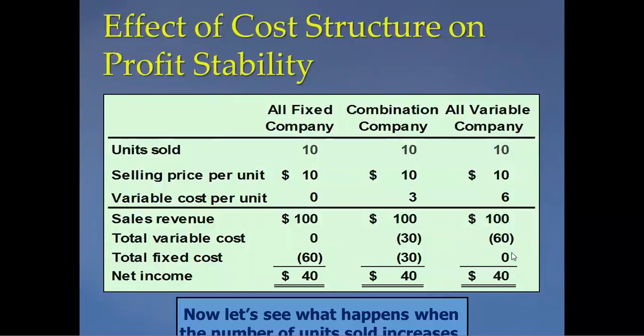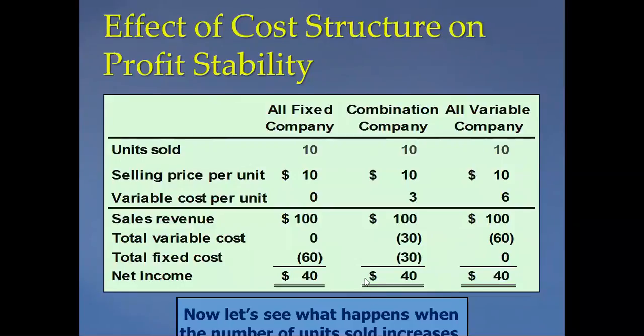The company in the right column has all variable cost and no fixed cost. The company in the middle has both variable and fixed. This is based on 10 units sold, and notice the income is the same for all of them.